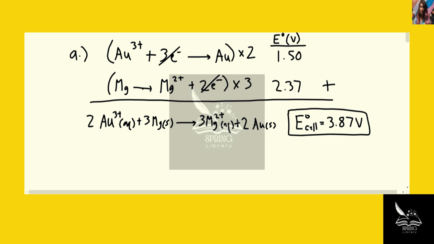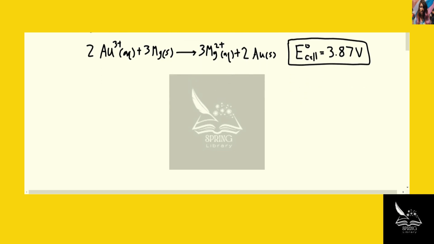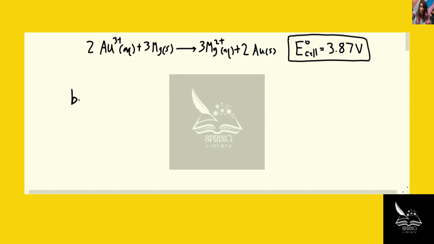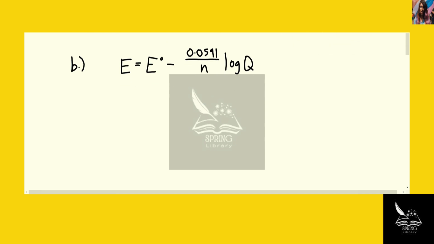And now in part B, we need to use the Nernst equation because we are at non-standard conditions. And we know that that means that the cell potential is equal to the standard cell potential minus 0.0591 over n times the log of Q. We can form an expression for Q in terms of species concentrations.